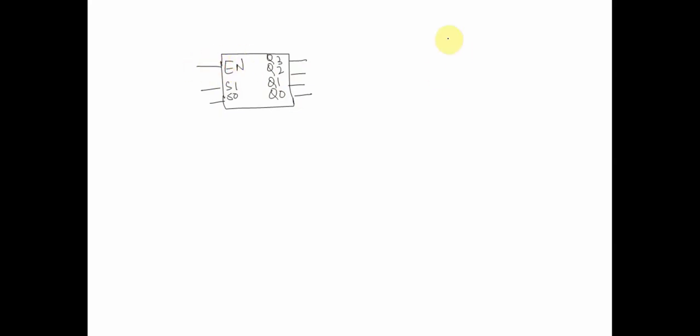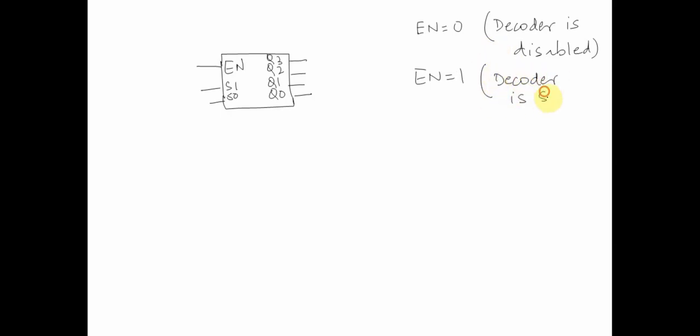Whenever enable is equal to 0, the decoder is disabled by default, basically not in use. When enable is 1, it's the same decoder as we saw just now.